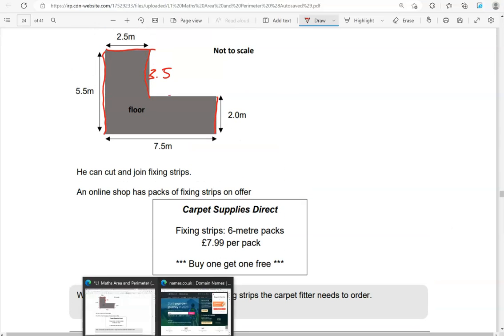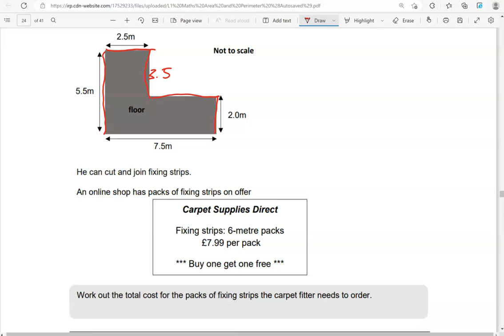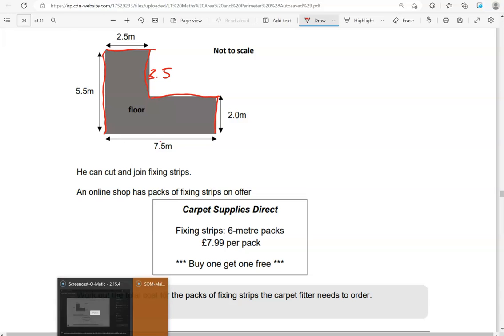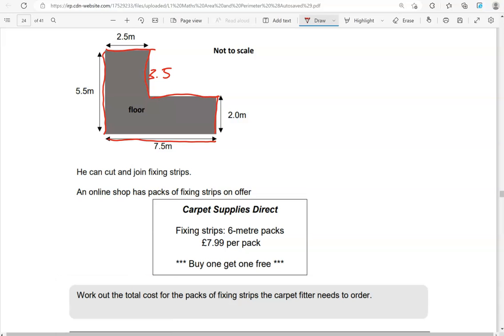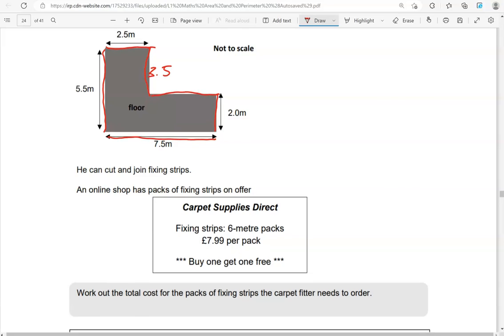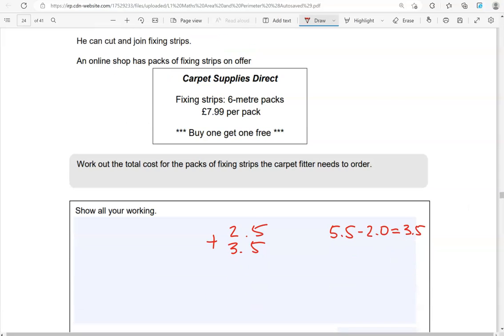Then we have this length here, which again we don't know, but we're going to work out by doing 7.5 take away 2.5. And that gives us 5.